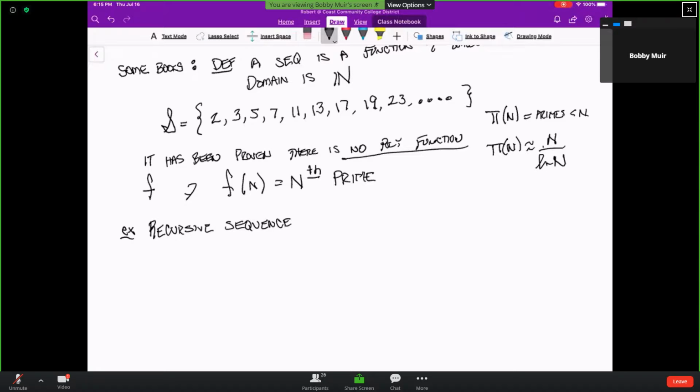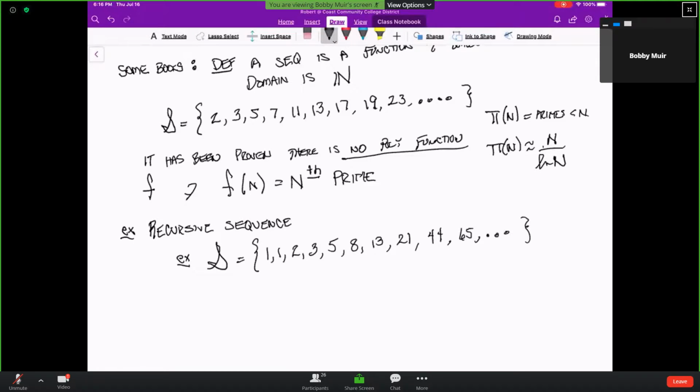All right. So a recursive sequence is going to be one where we get something like this: 1, 1, 2, 3, 5, 8, 13, 21, 34, 55.